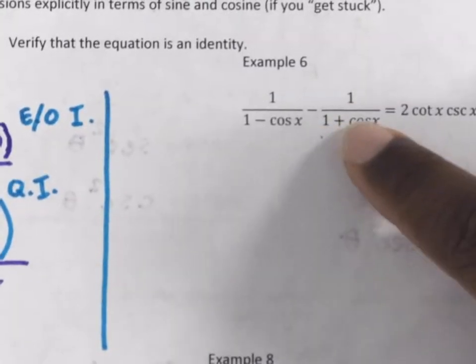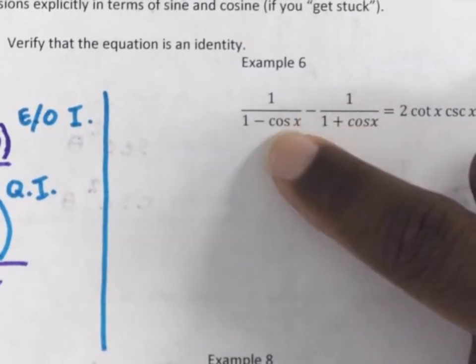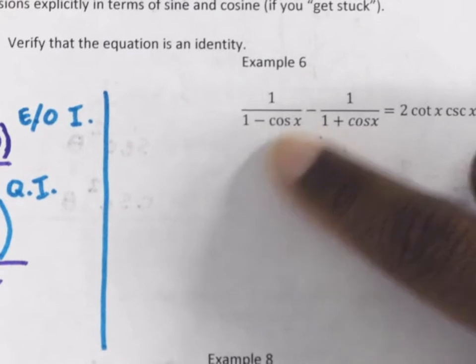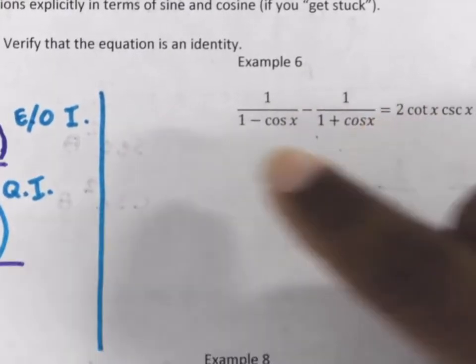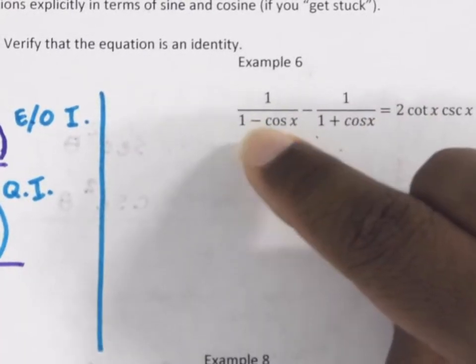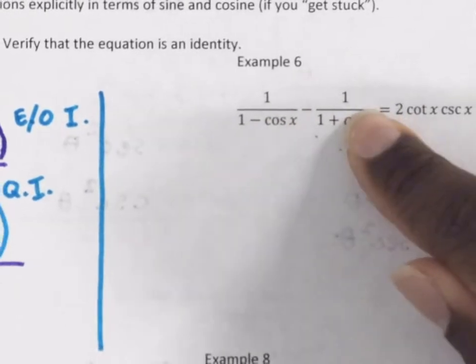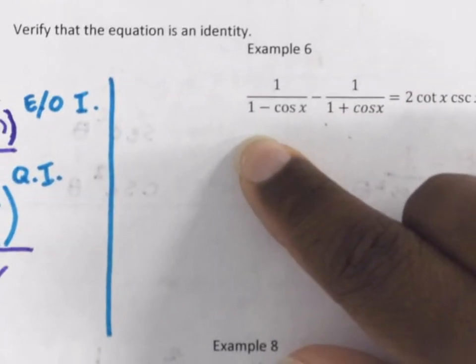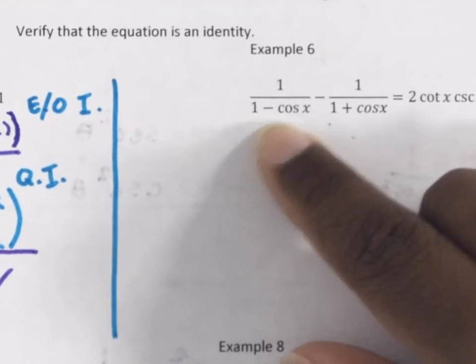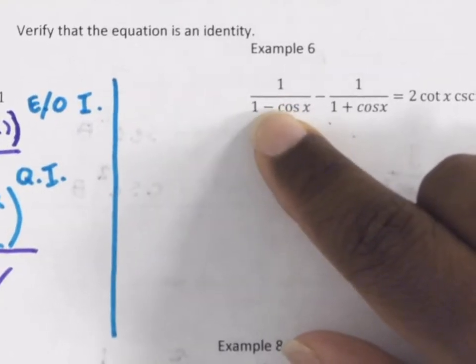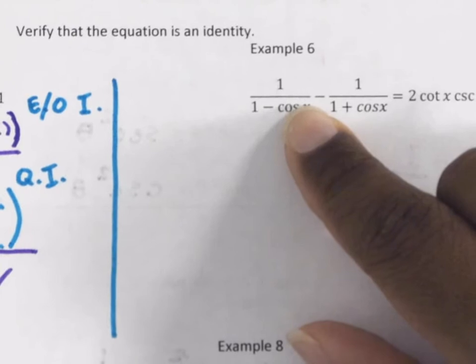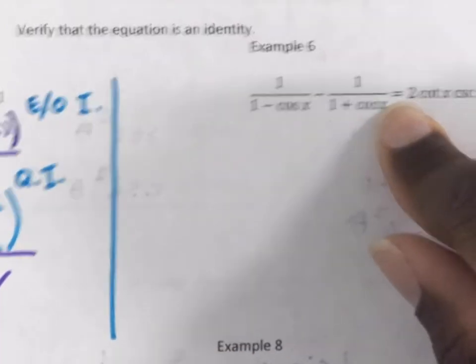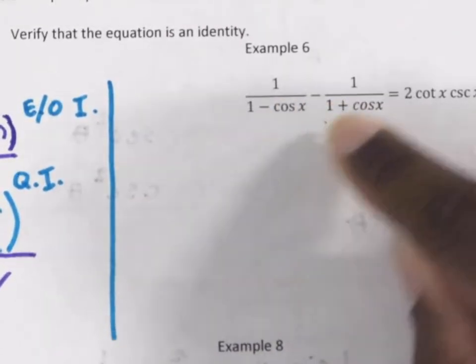To get a common denominator for these two things, the denominator would need to have both of these things in it. I would multiply this side by this denominator, then I'll multiply this side by this denominator. Let me show you because maybe it's not clicking for some of you. My common denominator is going to be 1 minus cosine x times 1 plus cosine x. This side needs 1 plus cosine x.